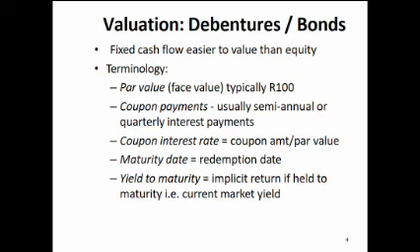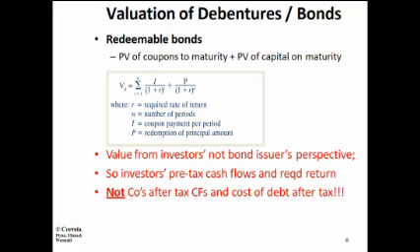Now that we know all the terminology relating to debentures and bonds, we can look at the formula on how to value redeemable bonds. We said that how we value a security in corporate finance is to look at the future cash flows, and then we take those cash flows and we present value them.